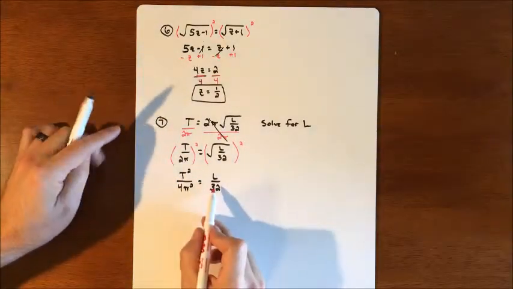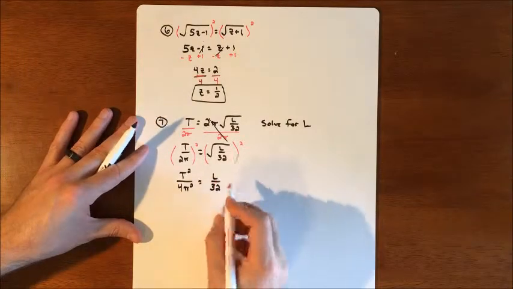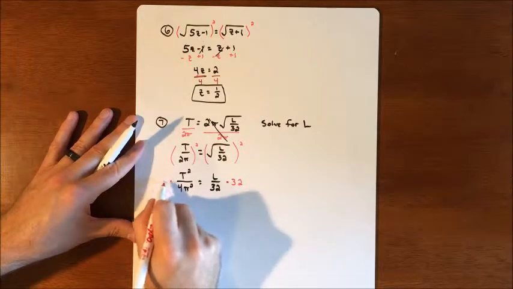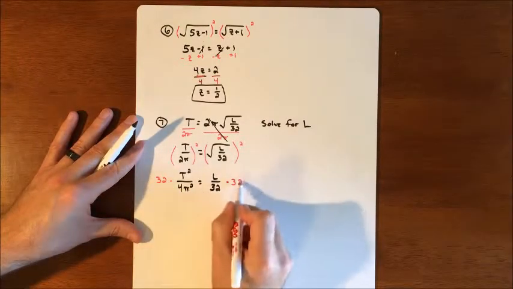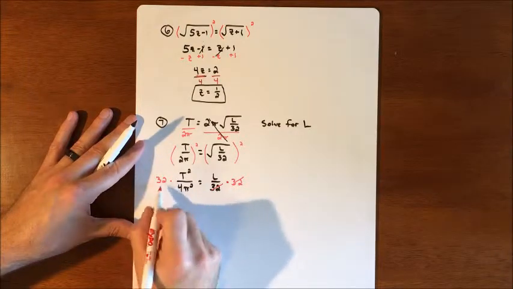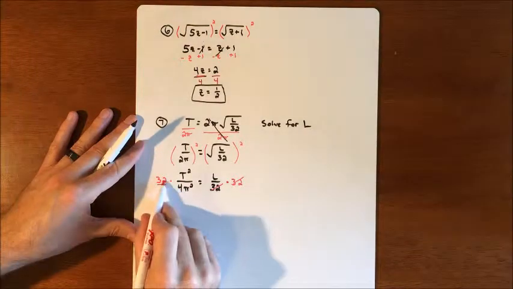So we need to get rid of this division of 32 that's working with the L. So to undo the division, we're going to multiply both sides by 32. That way those will cancel each other. So the L is going to be by itself. This is technically over 1, and we can reduce the denominator with the numerator.